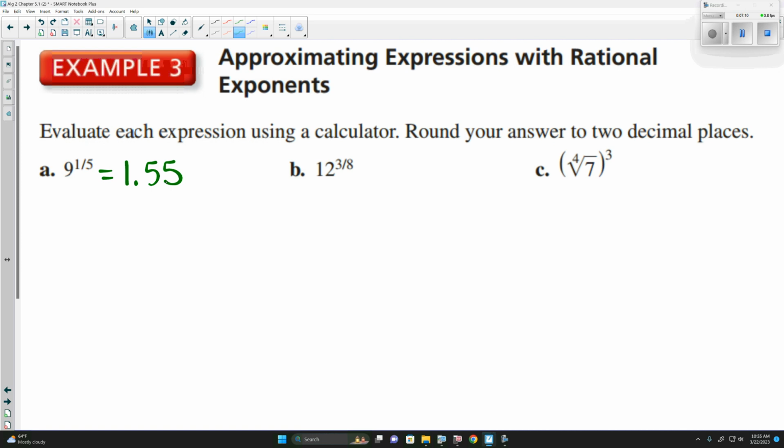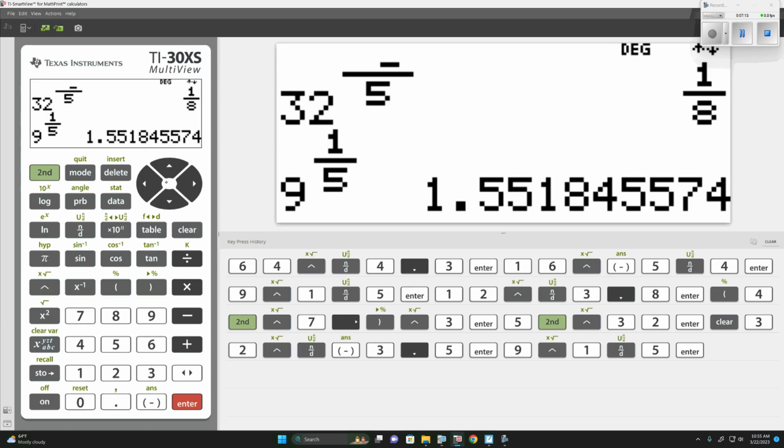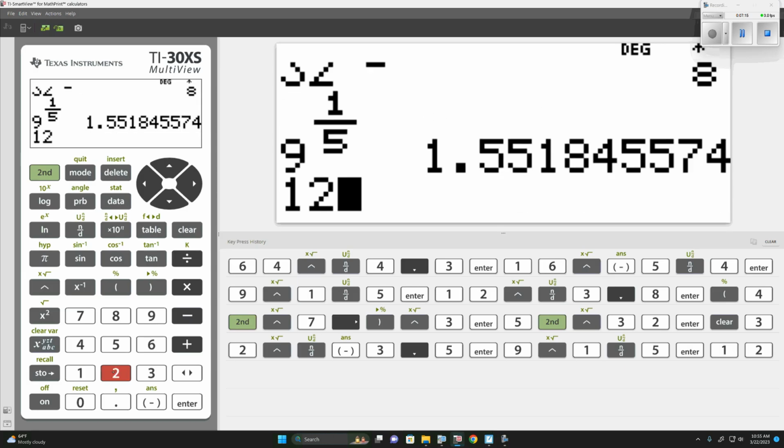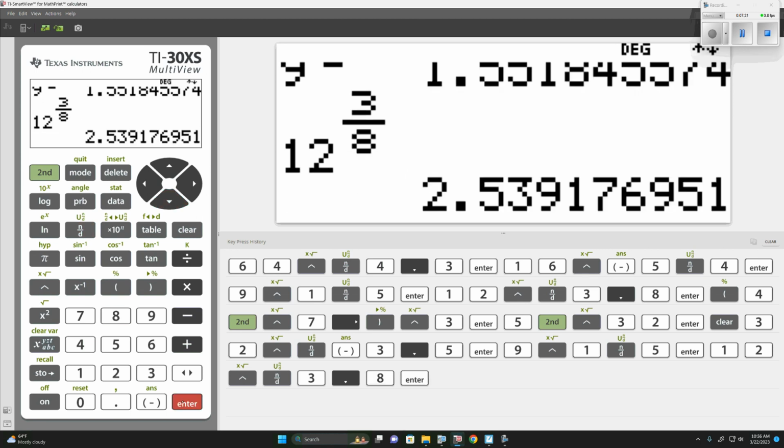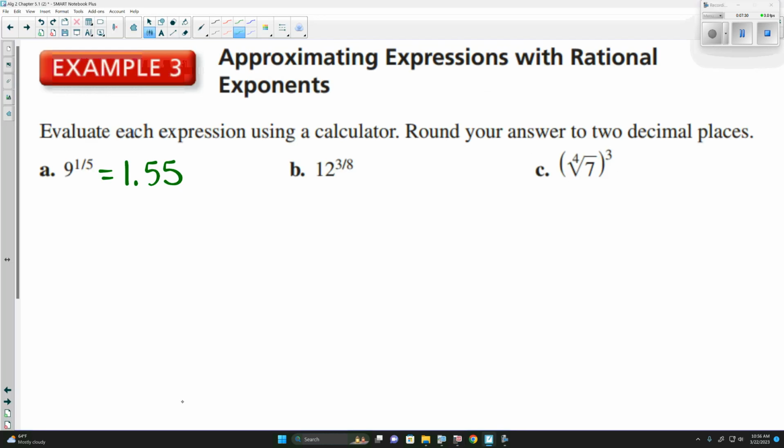Now we can do the same thing with 12 to the 3/8. So we can do 12 to the 3/8 in the calculator. And again, we're rounding it to 2 decimal places, so we get 2.54. And again, for the last one, we can just plug this in.